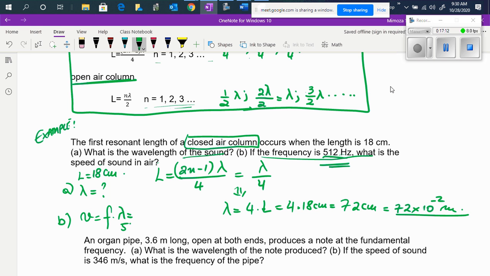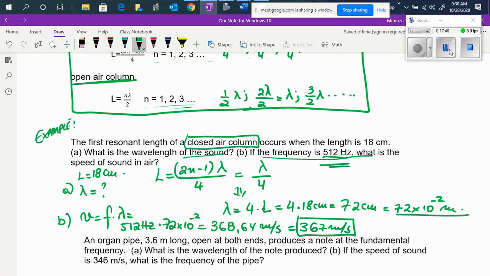So it will be 512 hertz times 72 times 10 to the power of -2 meters, and the result will be in meters per second: 368.664 meters per second. You can easily say 367 meters per second. And this is pretty much what the speed of sound is.